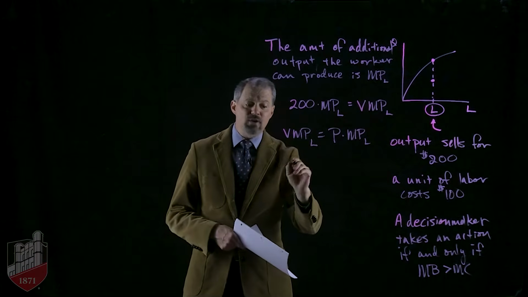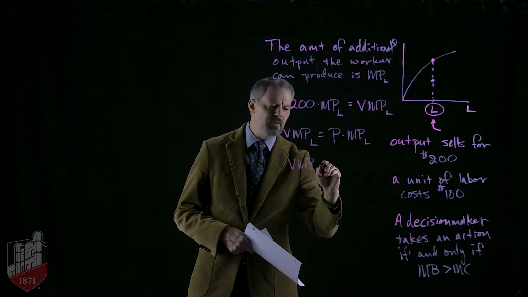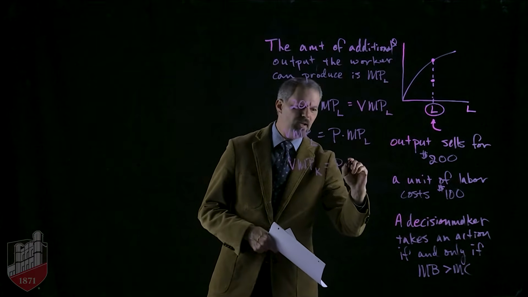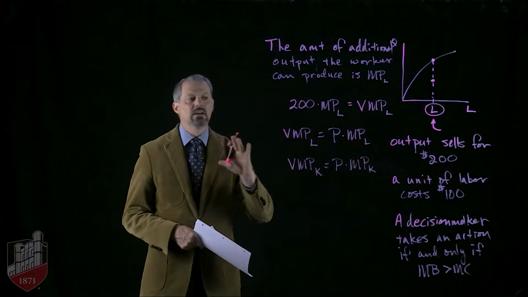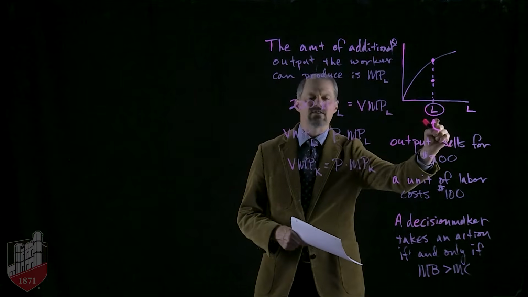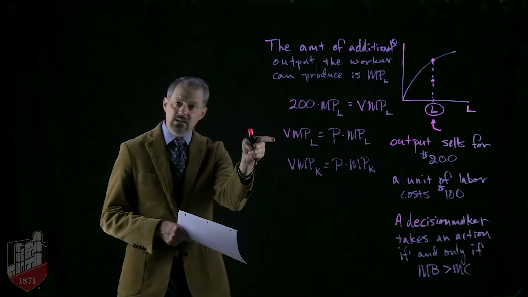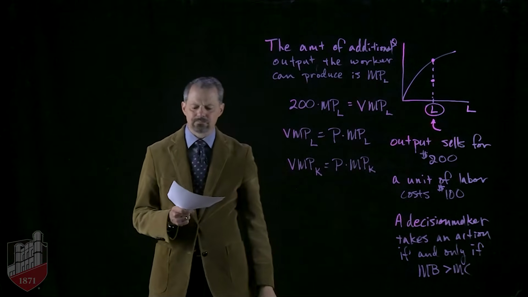If we were doing it for capital, the value marginal product of capital would be the price of output multiplied by the marginal product of capital. So we can think about this decision-making rule for choosing the right amount of labor in terms of either the input labor or the input capital.